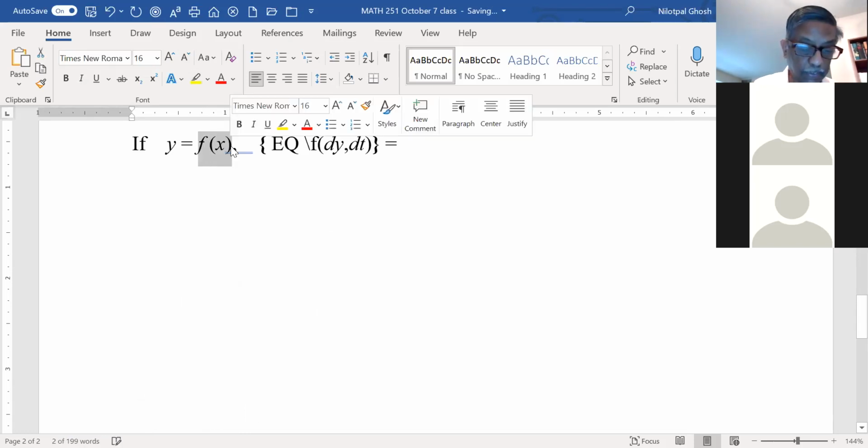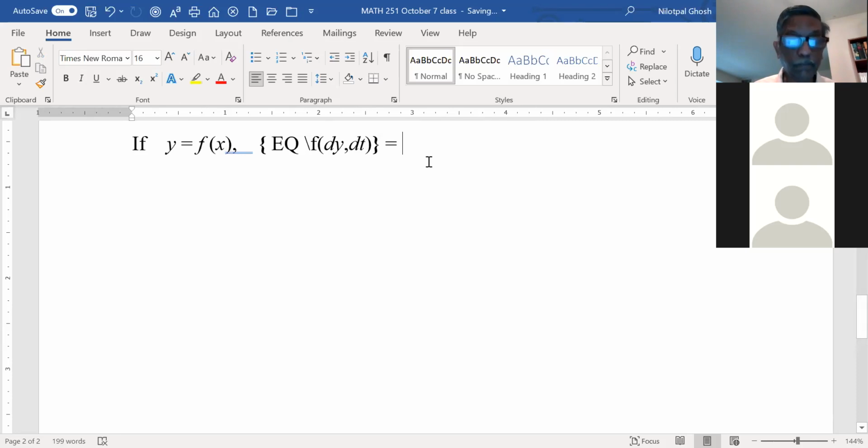That is what the chain rule tells us. Rate of change of, just to explain the chain rule.